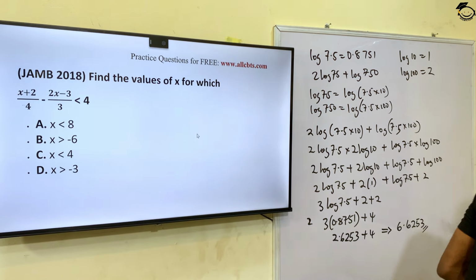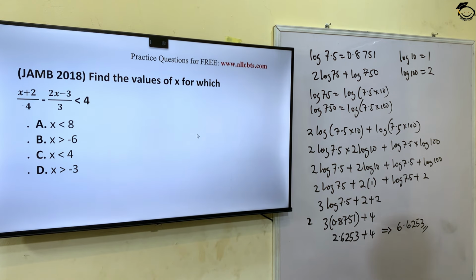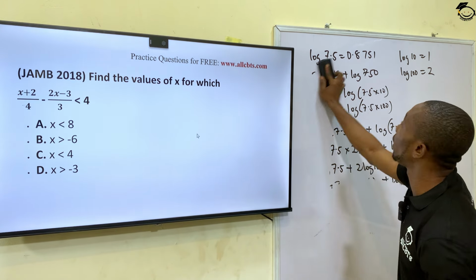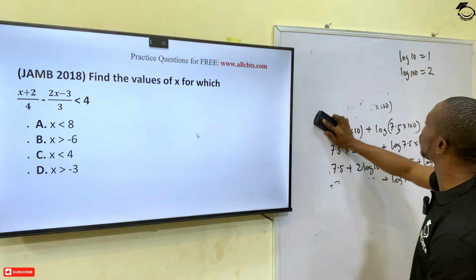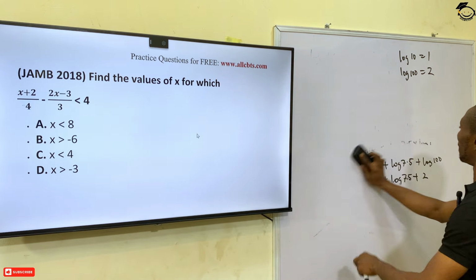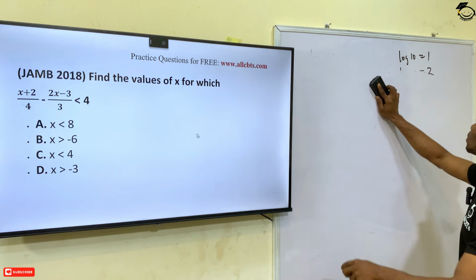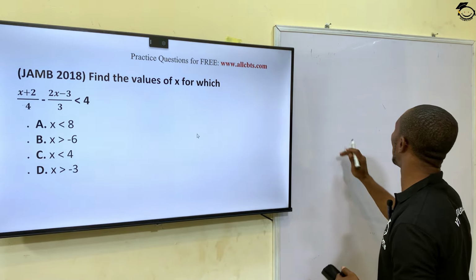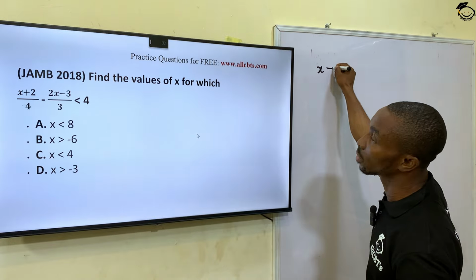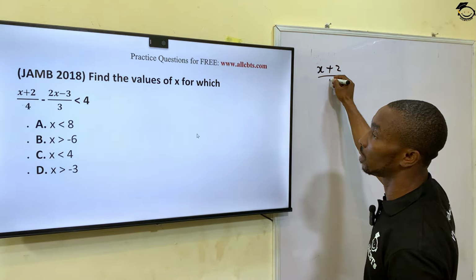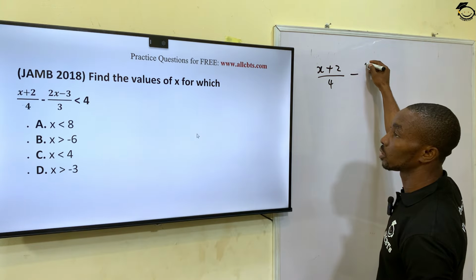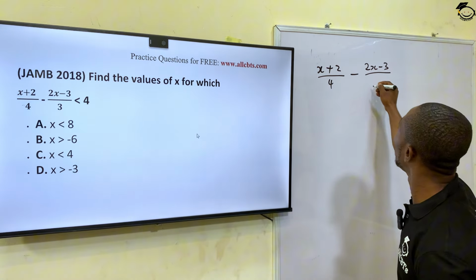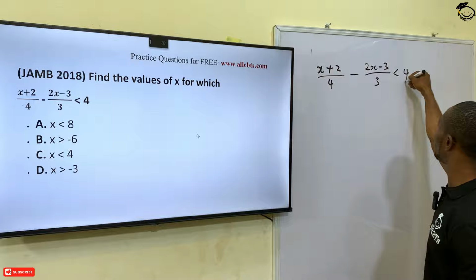Now to our next question, which says find the value of x for which x plus 2 divided by 4 minus 2x minus 3 divided by 3 is less than 4. So we have x plus 2 divided by 4 minus 2x minus 3 all over 3 is less than 4.